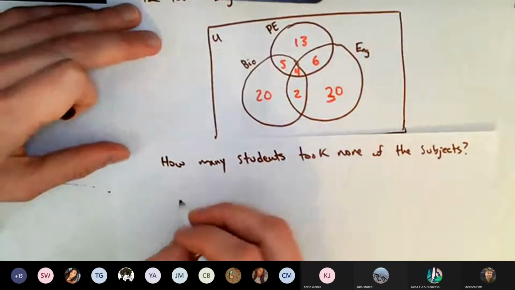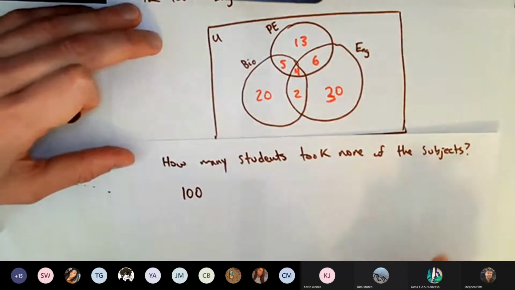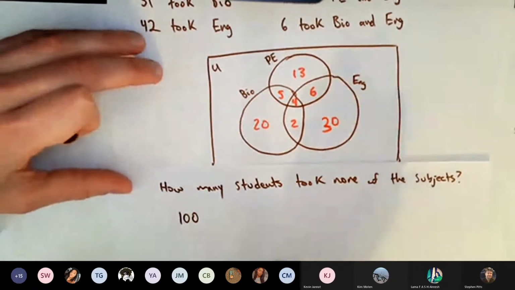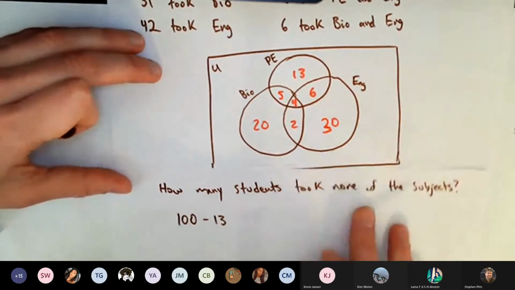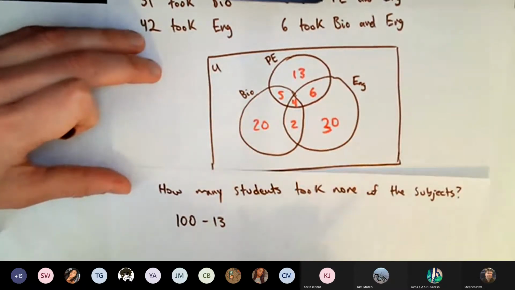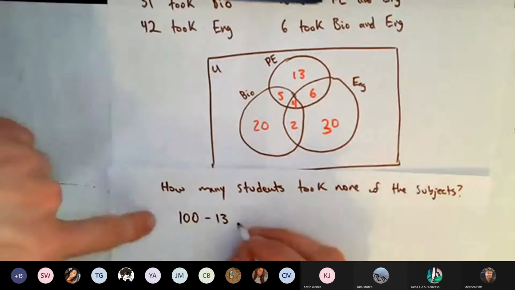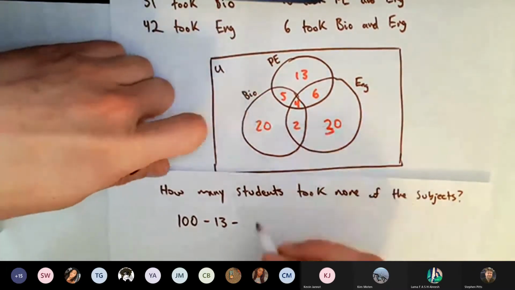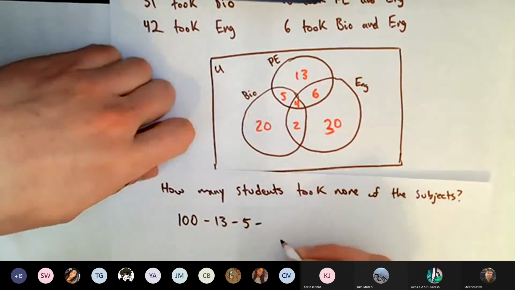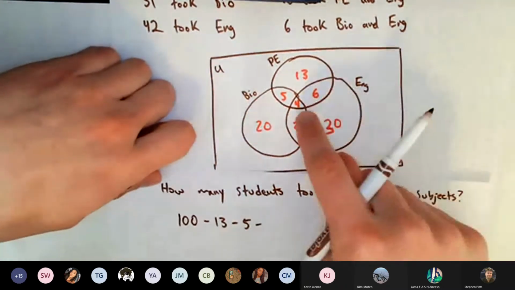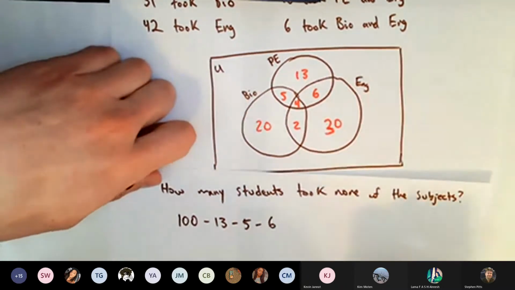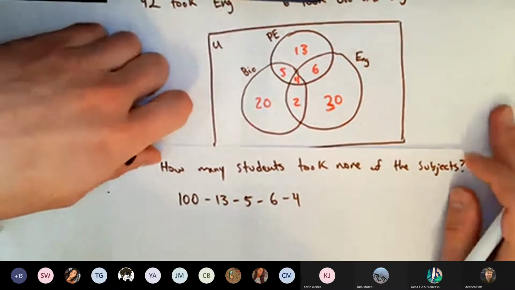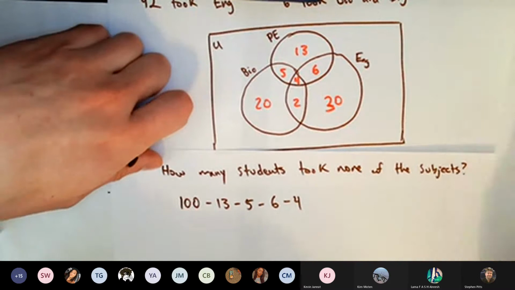So the way to do this is I take my universal set cardinality and I'm going to subtract every single one of these numbers. I'm going to subtract the students who only took PE, which is 13. I'm going to subtract the 5 students who took PE and biology, but not English. I'm going to subtract the students who took PE and English, but not biology, which is 6. I'm going to subtract the 4, which is the intersection of all 3, so the 4 students who took all 3.